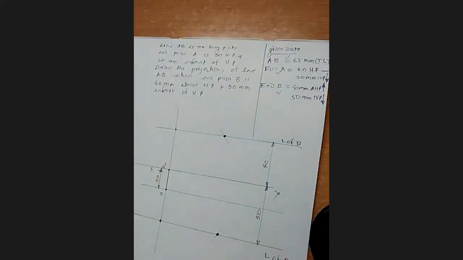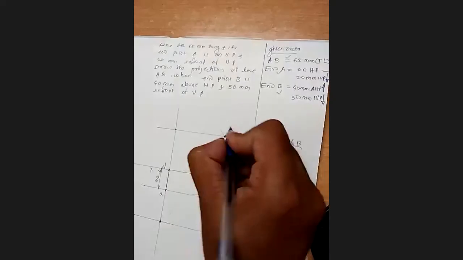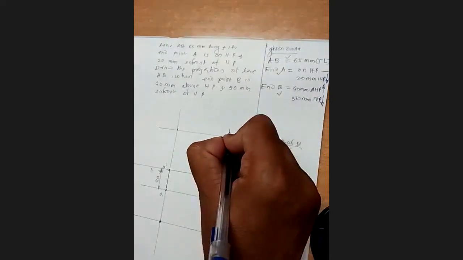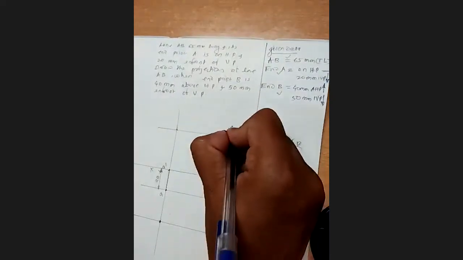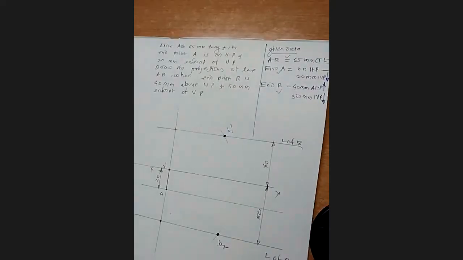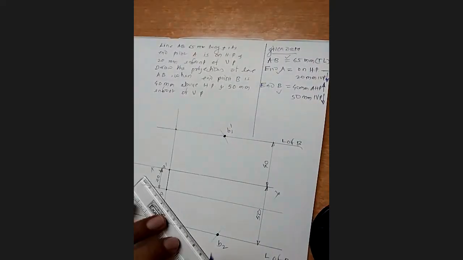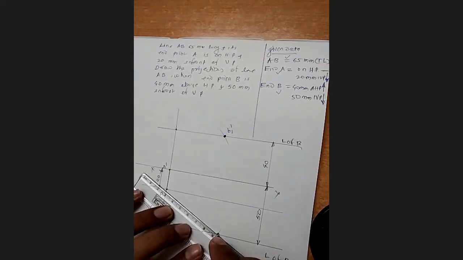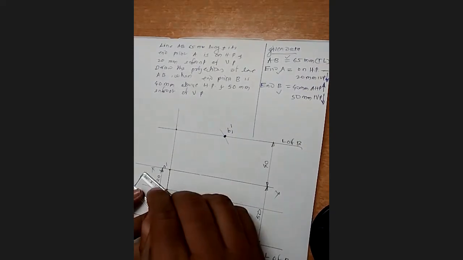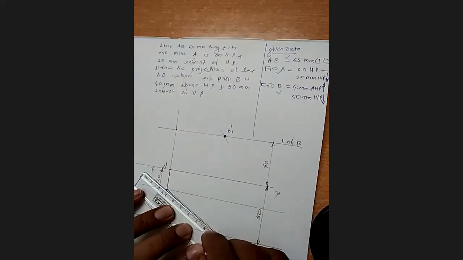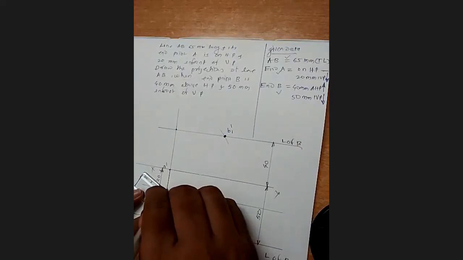Right? And this is for the true length. So this point will be the point B2. This point will be B1 dash, because it's the endpoint of the true length, not your final front view and top view. Okay. So this is the case in which the line is inclined to both the planes.